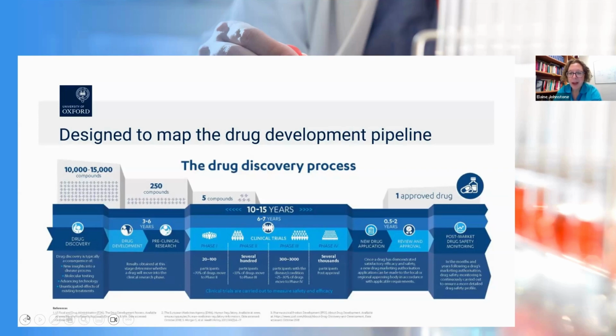So then a new drug can be approved by a regulator, which takes between half a year and 2 years, and then on into looking at our approved drug in the post-market environment, so looking at safety monitoring, as I've mentioned.